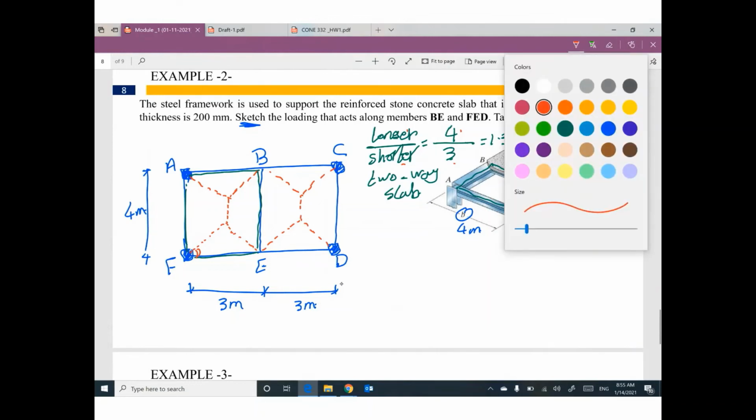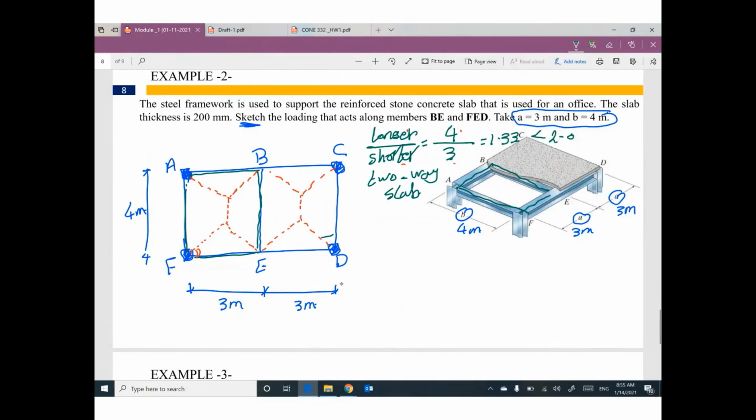Then I can say this trapezoid will be assigned to beam CD. This trapezoid will be assigned to beam EB or BE. This trapezoid will be assigned to beam BE.